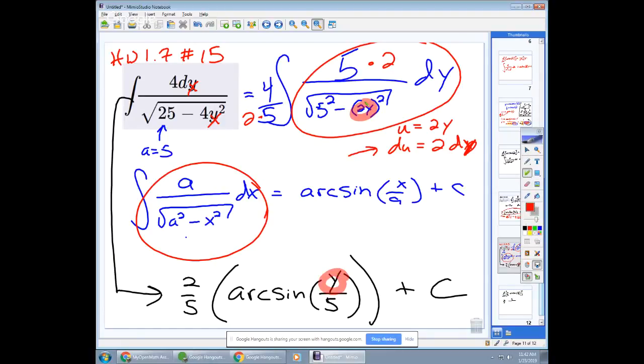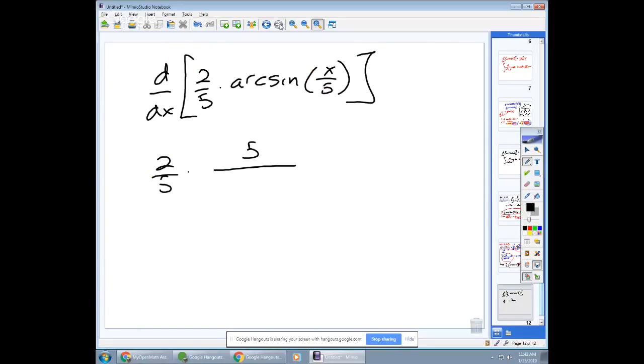What should that y be? It should be a 2y. Yeah, it should be a 2y. Let's go back up here. This should not be an x, but that should be a 2y. This is getting messy.